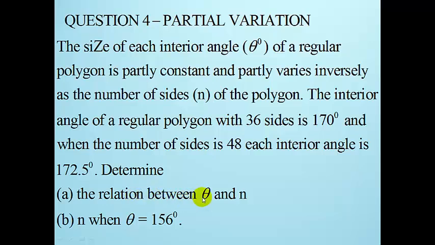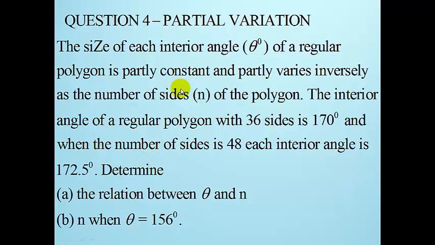A, determine the relation between theta and n. Then B, find n when theta is equal to 156. So from the question, when the number of sides is 36, the interior angle is 170 degrees, and when the number of sides is 48, the interior angle is now 172.5 degrees. This means that for partial variation, we have two simultaneous equations to solve.